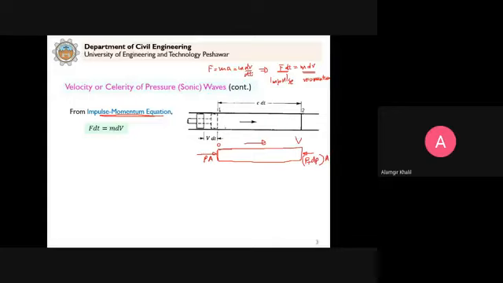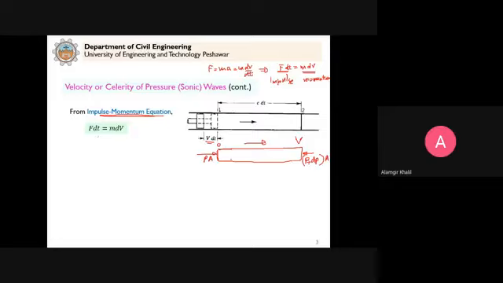Since the piston is moved with a velocity V, the fluid will attain a velocity V. We are pushing it with that same velocity, clear? So the velocity will be V from an initial velocity 0. Remember, this C is the velocity of the pressure wave, clear?